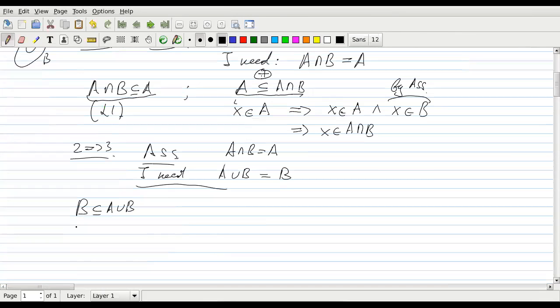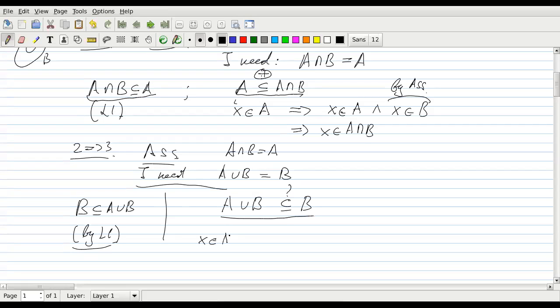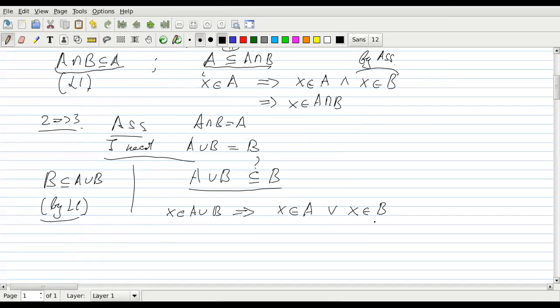So this is by lemma 1. And what about the opposite direction? Why is the union a subset of B? Let's prove it. If x is an element of the union, then by the definition, x is either an element of A or an element of B. Is it clear?